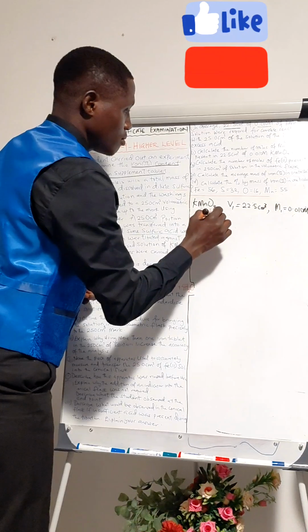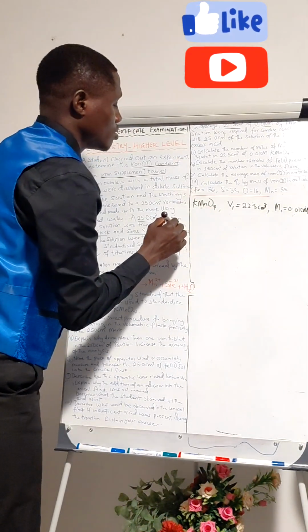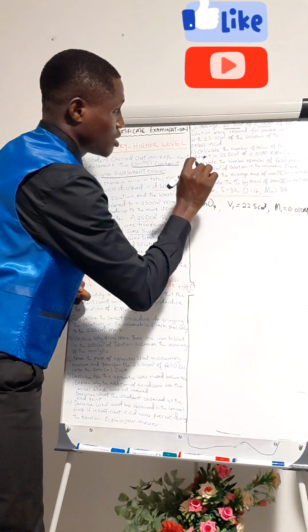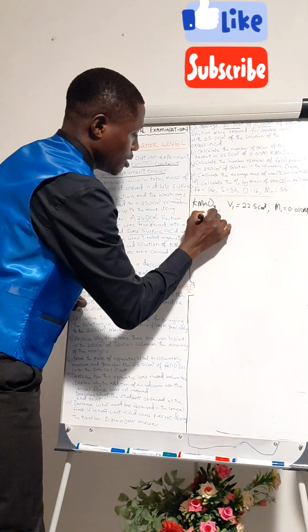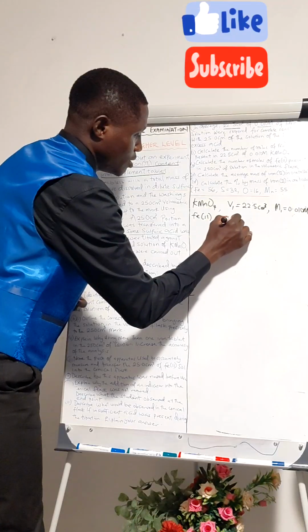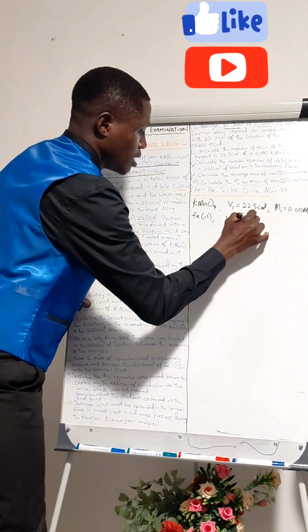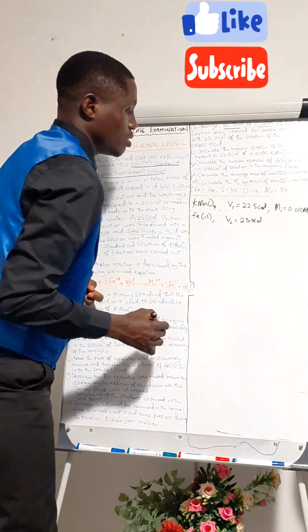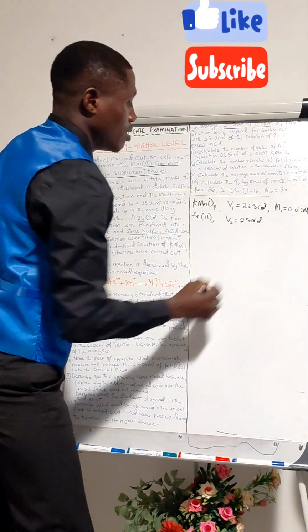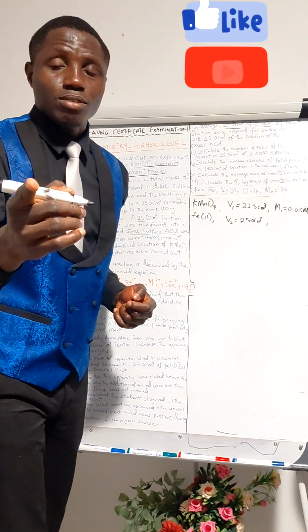Now, for the other solution that we are titrating, that we are actually determining, which is the iron 2 solution, I call it V2. The volume that was pipetted out is called V2, which is 25.0 centimeter cube. And the concentration, we haven't known it yet because that's what we are looking for.